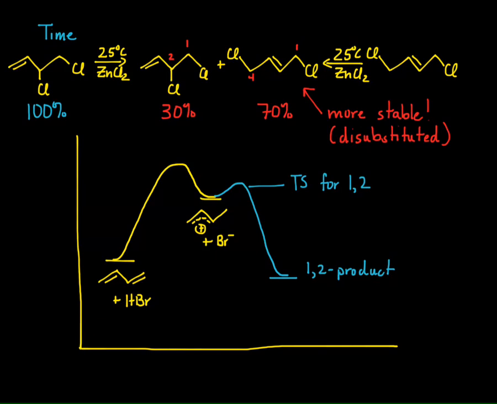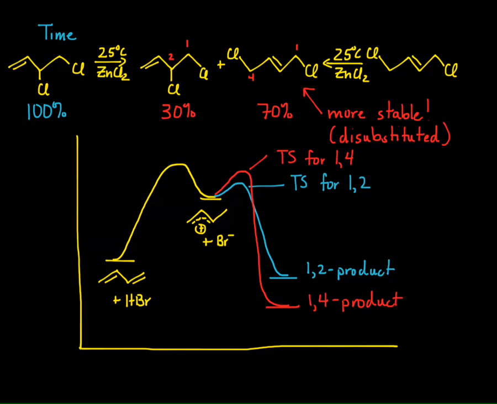What this must mean is that the transition state for 1,2 is lower than the transition state for 1,4. The second pathway, the 1,4 transition state, has to be at a little bit higher energy, and this is why it's not formed at low temperatures. But its product happens to be more stable because it's a disubstituted product.